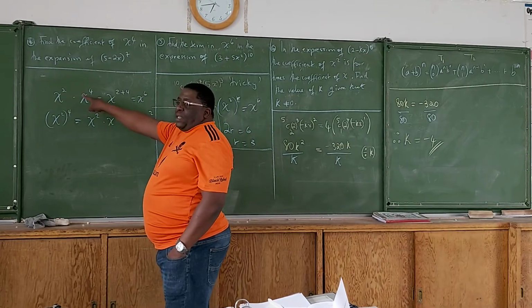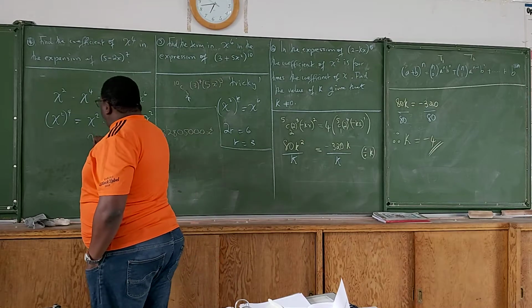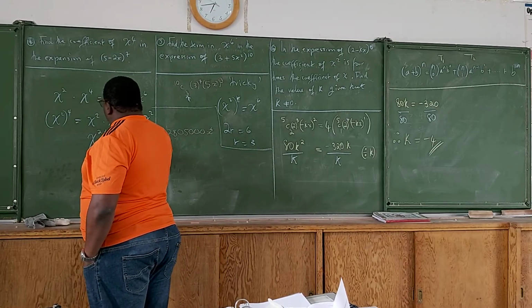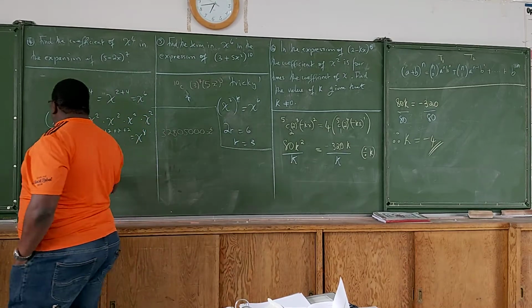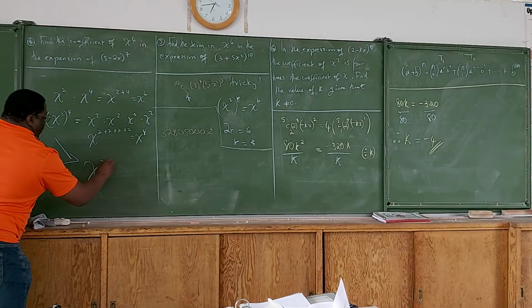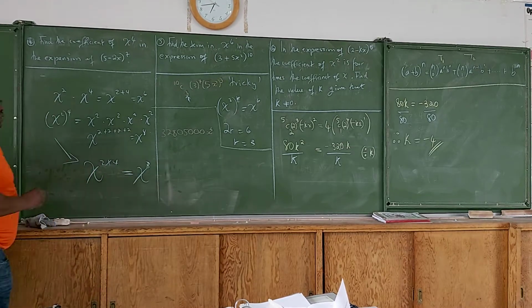So if you apply that law, you are going to add, and that gives you x to the 8. But you can simply find it by multiplying, and it's still going to give you the same.